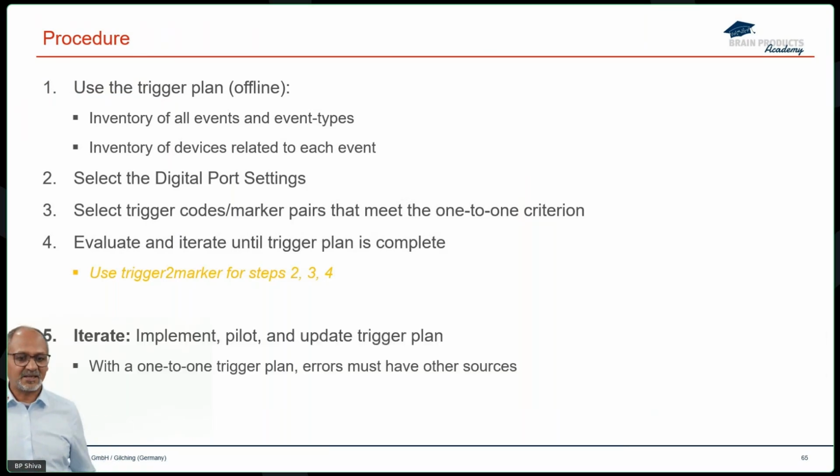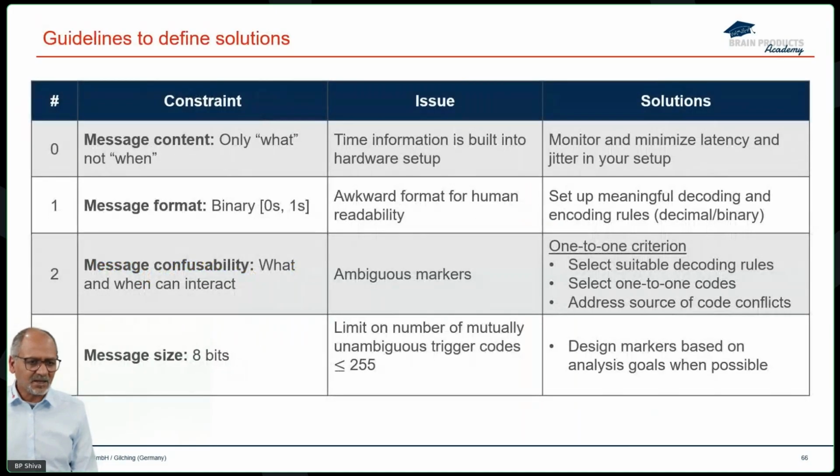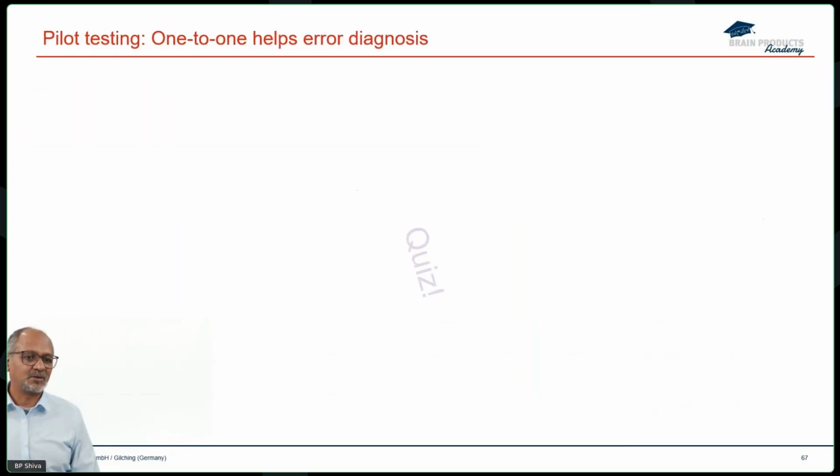And then this can be used to implement and used for piloting. And this helps you identify issues in a more systematic way. And these are the constraints that you have to keep in mind, but they're built into how you would fill in the trigger plan.